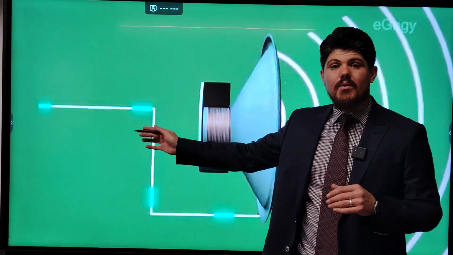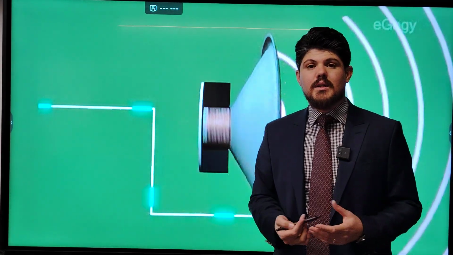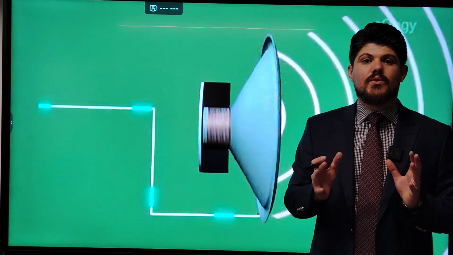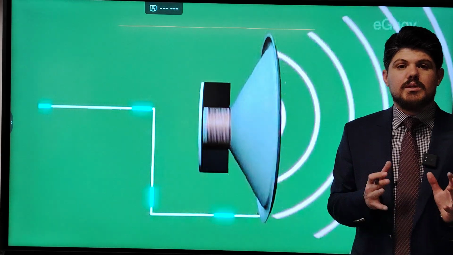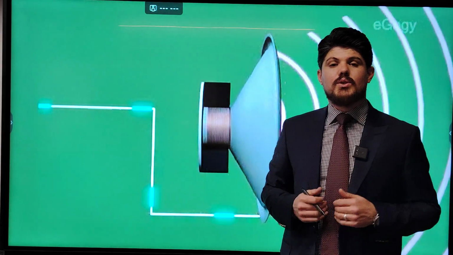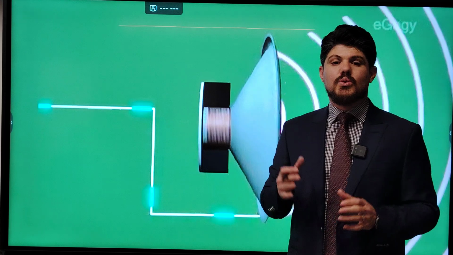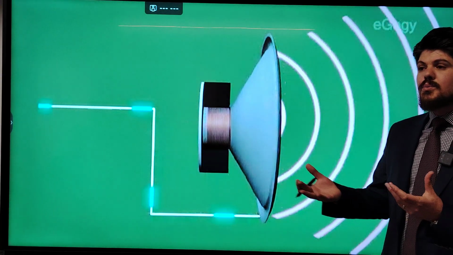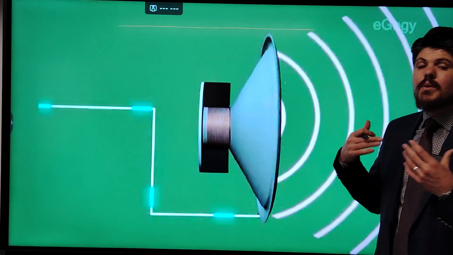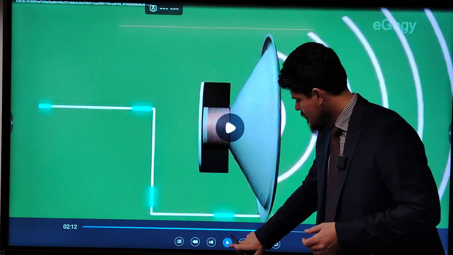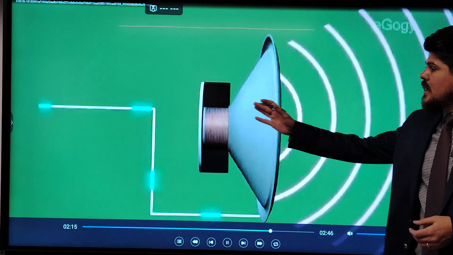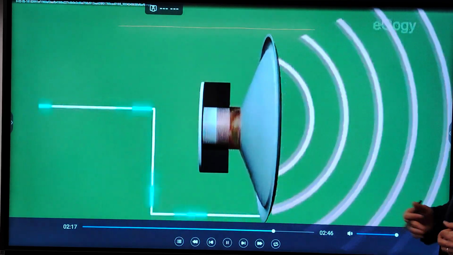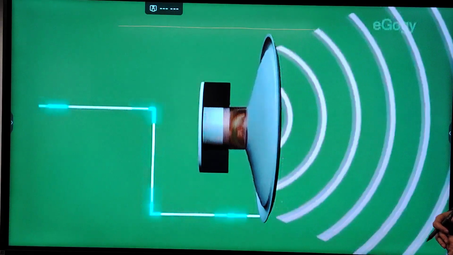Because the current is alternating current, the magnetic force also changes continuously. This continuous change in the direction of the magnetic force vibrates the paper cone, and as a result it produces the amplified sound. Again, the electrical signal is finally converted to a sound wave.